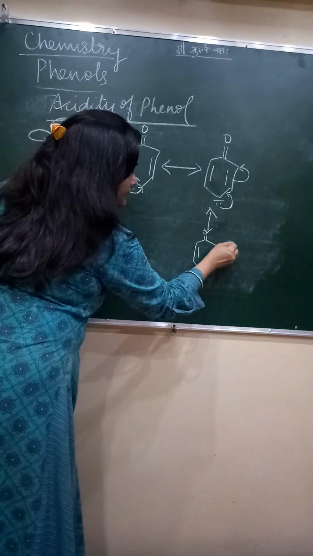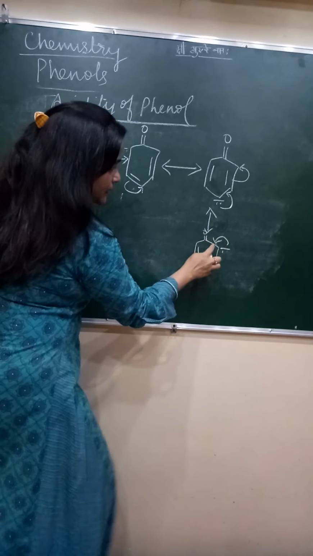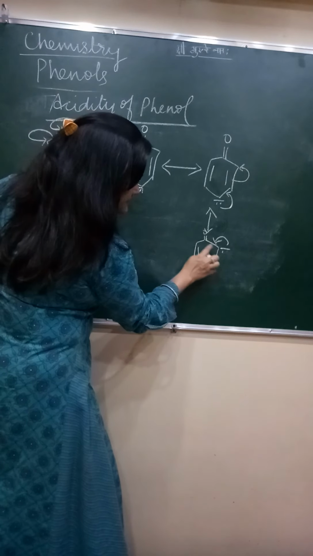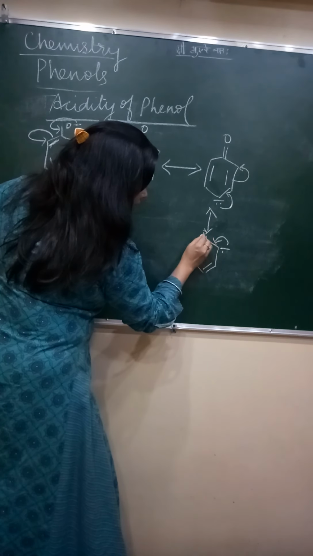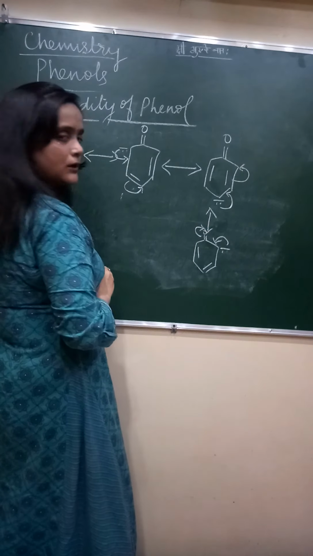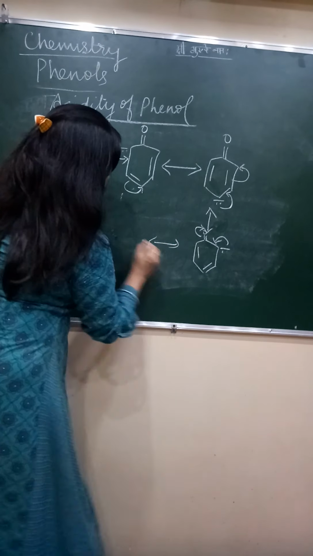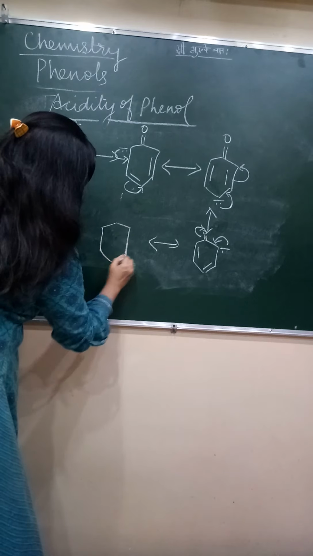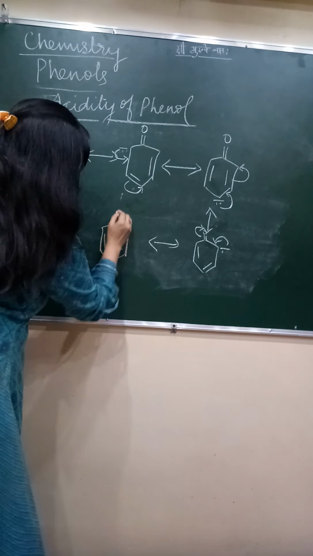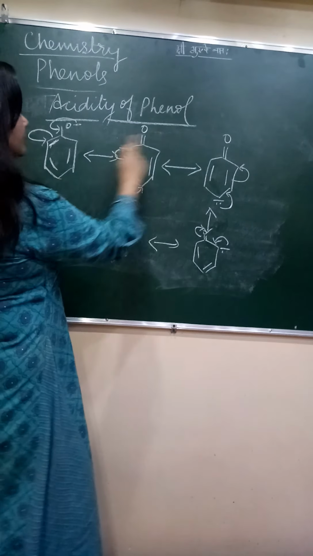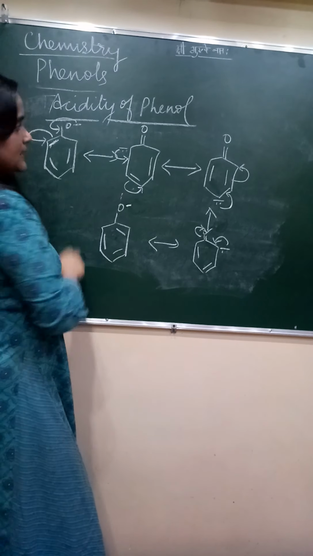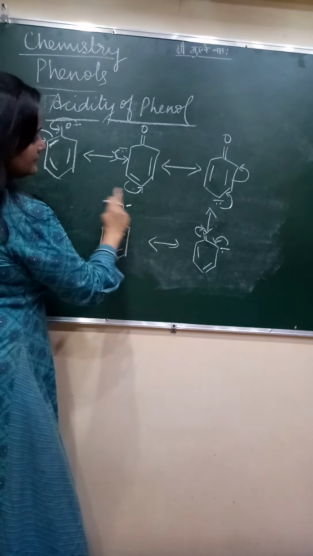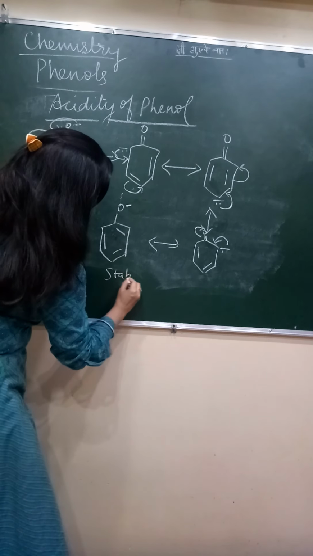Now this will come here, and at this bond there is a double bond. One double bond will shift to the oxygen and the structure will form like this. So the negative charge spreads throughout the ring, meaning charge delocalization happens, and this phenoxide ion is a stable one.